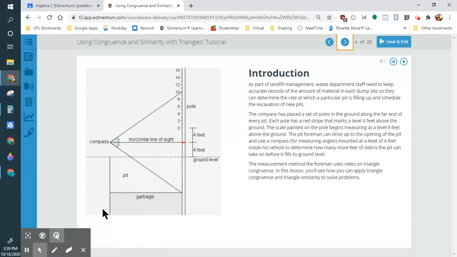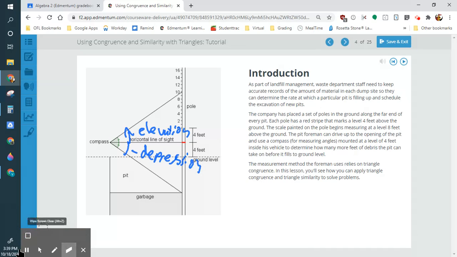So not necessarily just triangles, things in general. Using these triangles is going to help us prove certain things like horizon sight, so how far we look up if we're looking at an angle of elevation versus an angle of depression. Just keep in mind, when we're looking up at something, it's elevation. If we're looking down at something, that's depression.